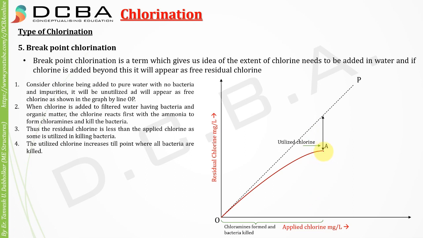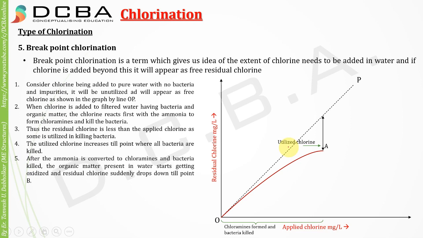After this point, when you add more chlorine, now since the bacteria and all are killed, what is left is organic matter. So after this point A, there is a sudden drop in the residual chlorine, because the chlorine is used to react with the organic matter, or the organic matters are oxidized.